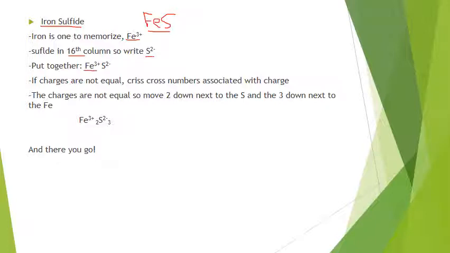So put them together. Move the 3 down here and the 2 down here, and you get that. And you're done. So for this test, you could have brought down Fe2S3. And that's what I was looking for.